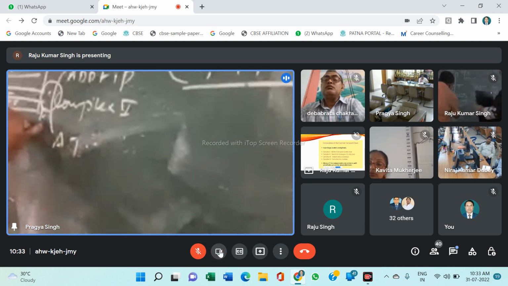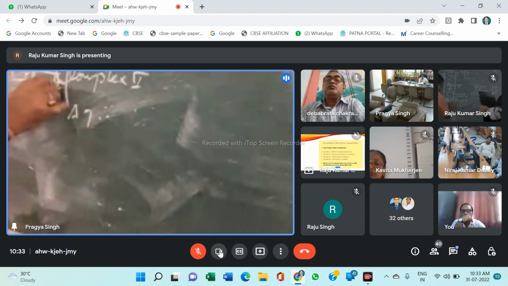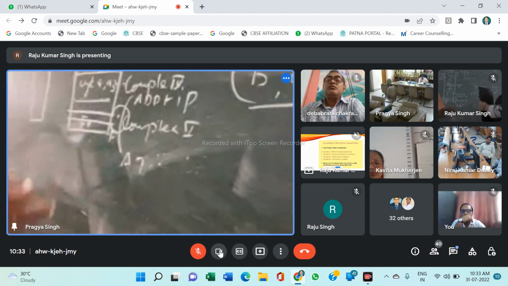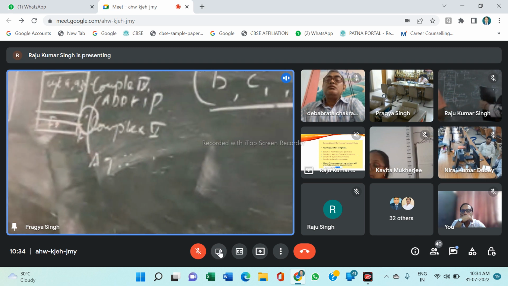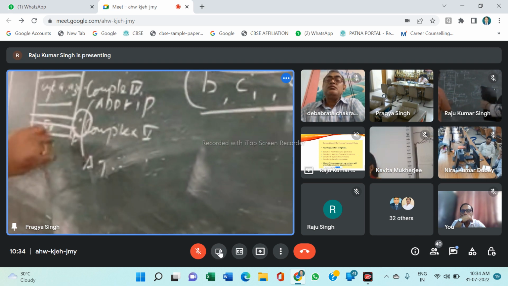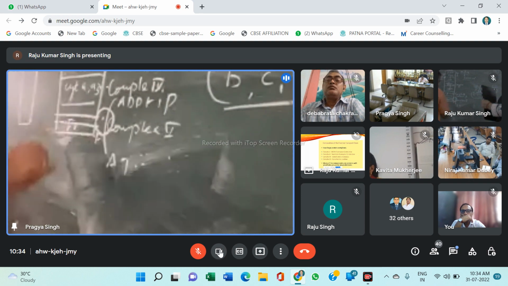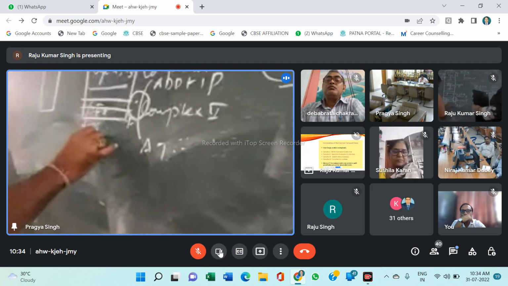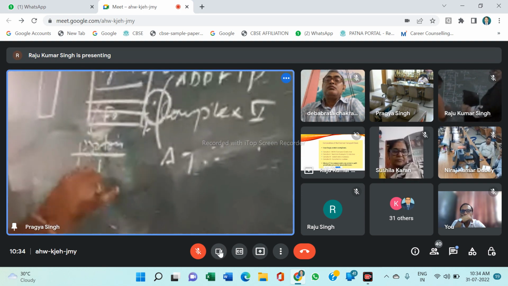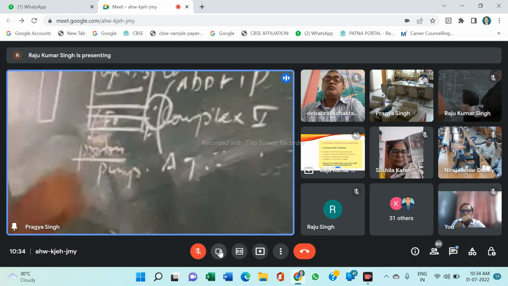This is your ATP synthase, and these are your F0, F1 particles, which we tell the students structurally, especially in mitochondria, we have the presence of elementary particles, that is oxysomes. So F0, F1. What is the role of F0? It is acting as a proton pump. Through this only, the protons are being pumped.